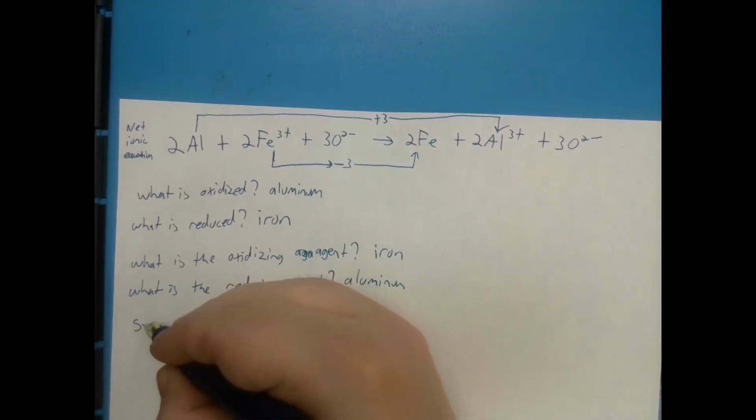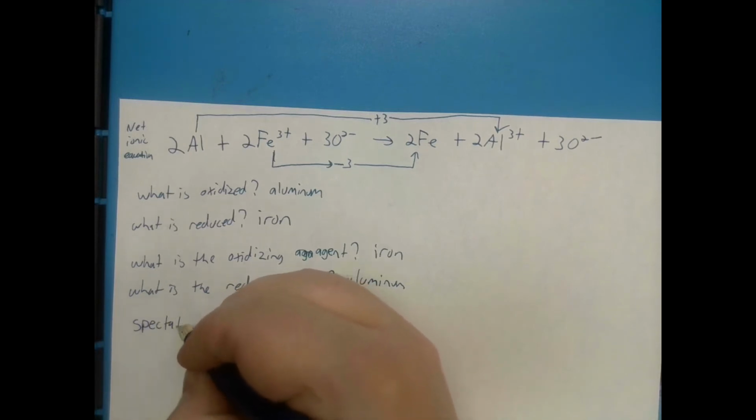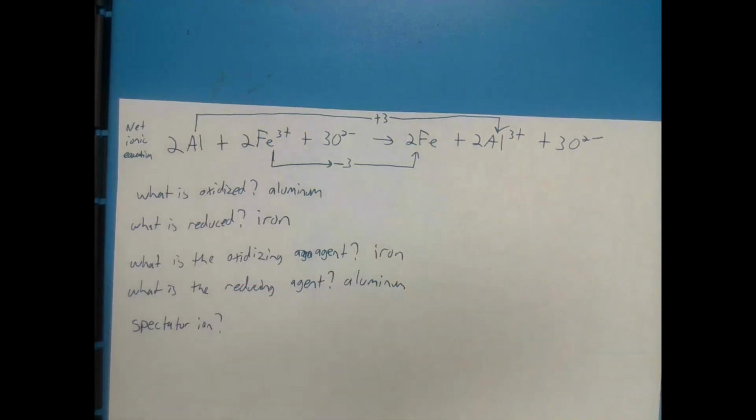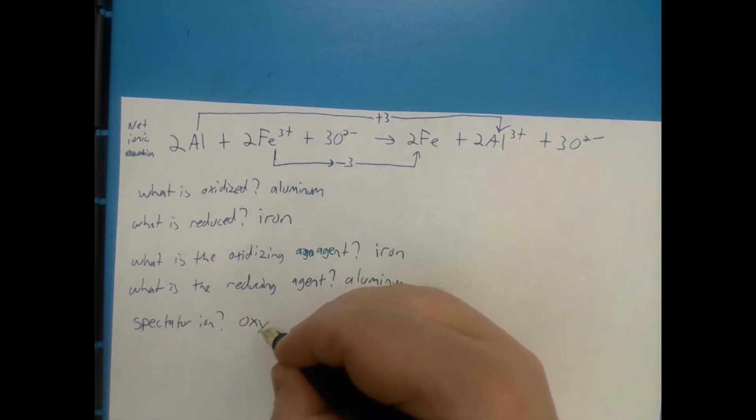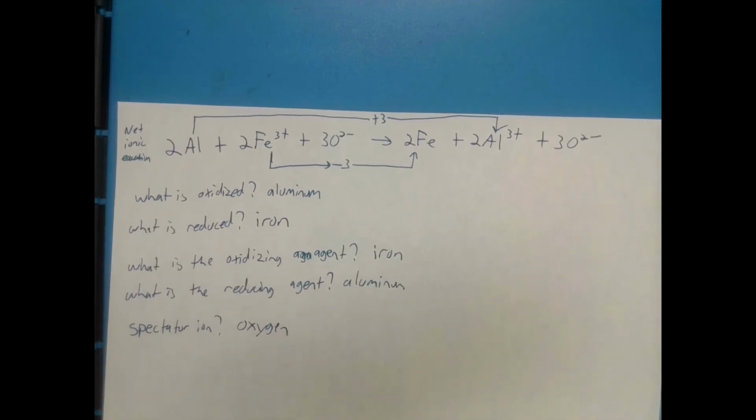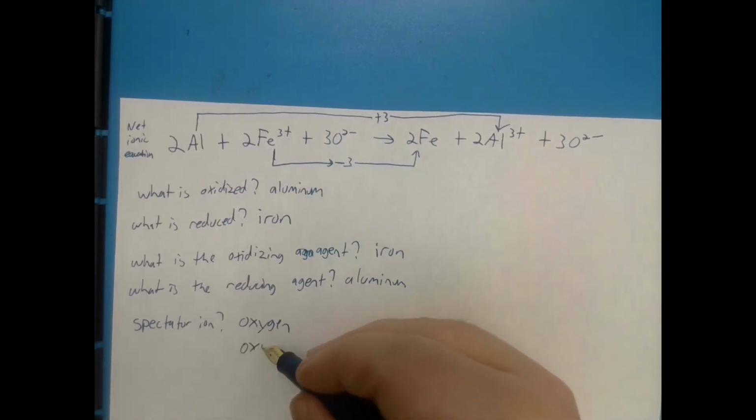What is the spectator ion? That's an O for oxygen. And the oxygen is a spectator ion, or oxide, to be more precise.